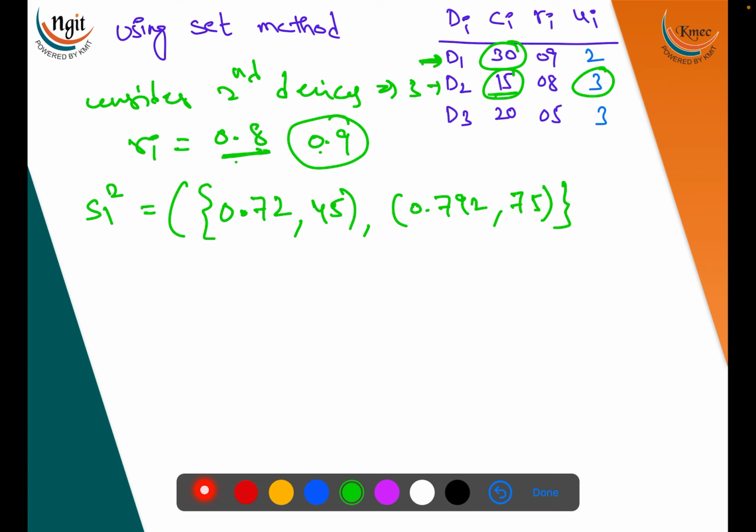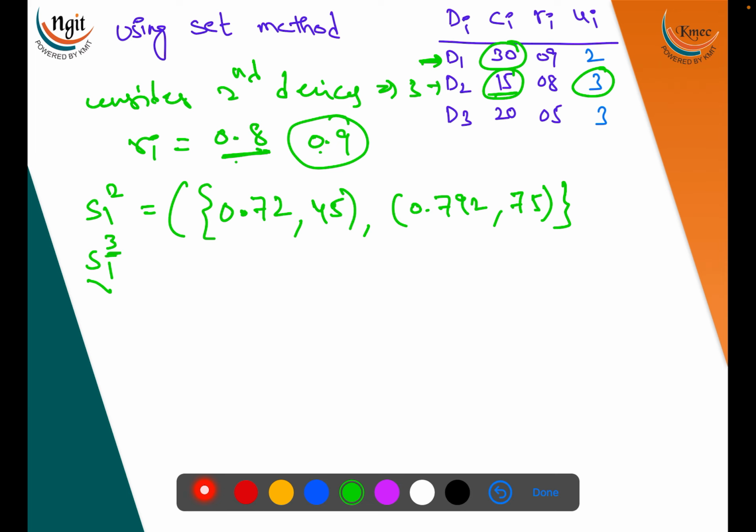This is S1 with a single copy. Now we should also calculate S1 with the second copy. For the second device, for 2 more copies, you have to calculate the reliability. S1 with 3 means taking the second device with 3 copies.